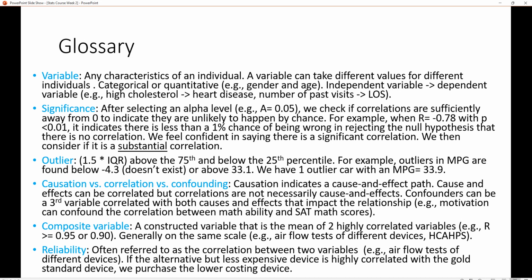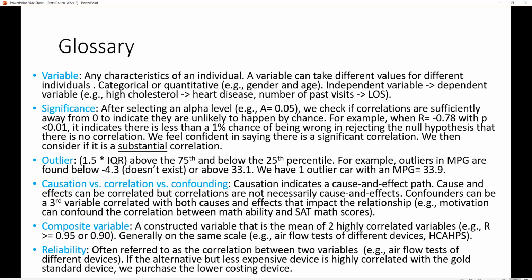For example, outliers in miles per gallon are found below negative 4.3. This value doesn't exist, but this is the value that we would get from that formula that we just covered. Also, outliers are above the MPG of 33.1. We actually do have one outlier for a car with an MPG of 33.9.